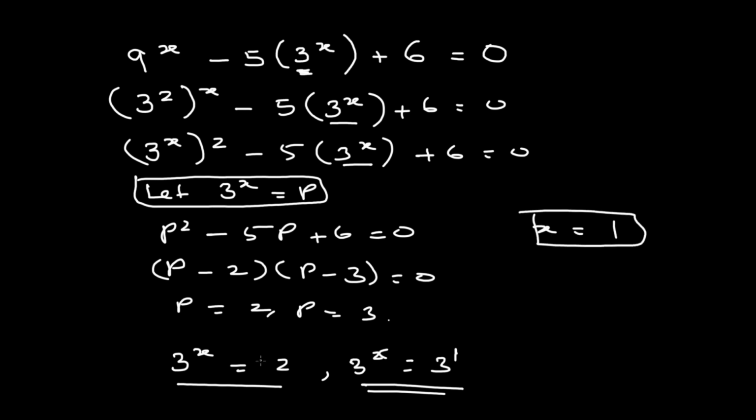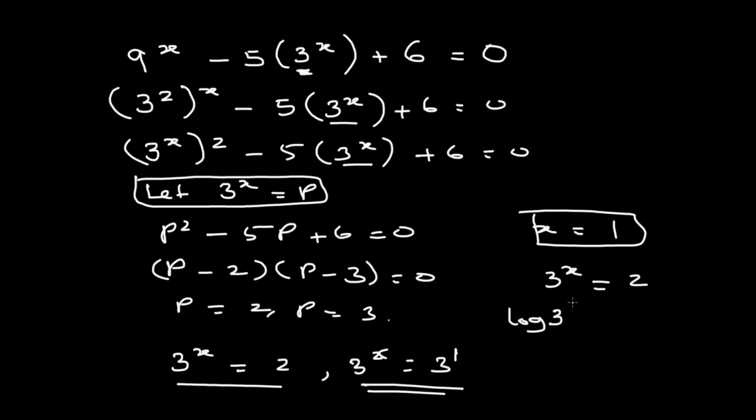Okay, but for this one we need to apply the same thing on both sides, which is log. So it doesn't matter the base as long as you apply log. Okay, so let's apply log.